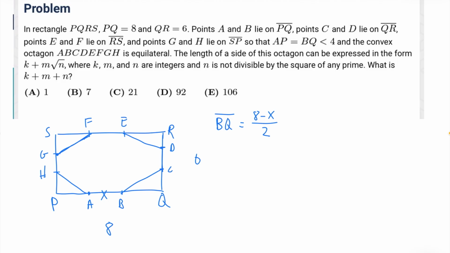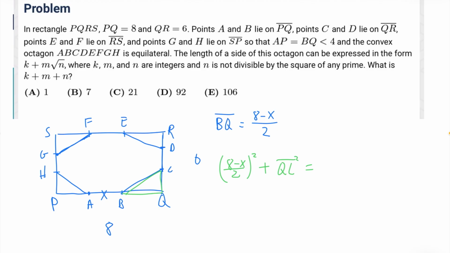Like I said, we know that BQ can be expressed as (8 minus x) over 2. And then we have a Pythagorean theorem with the triangle BQC. So BQ squared, which is ((8 minus x) over 2) squared, plus QC squared equals BC squared.